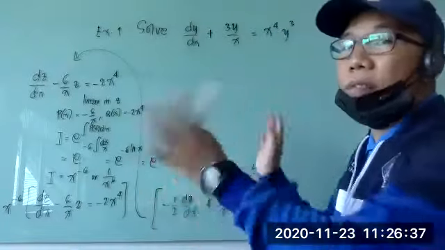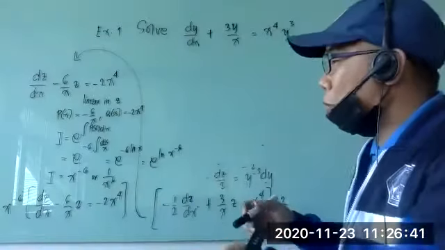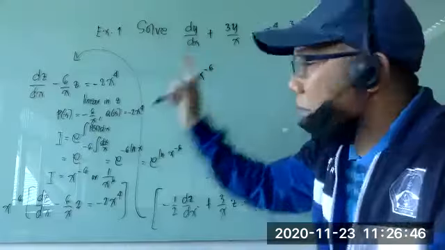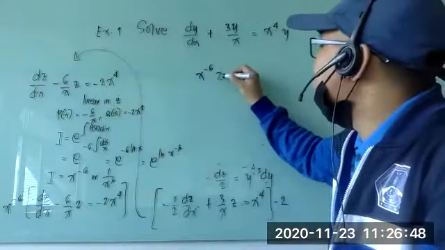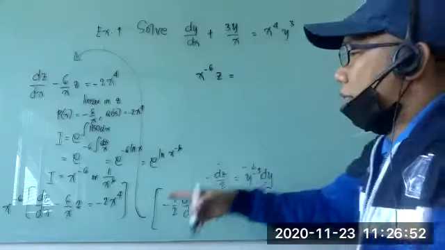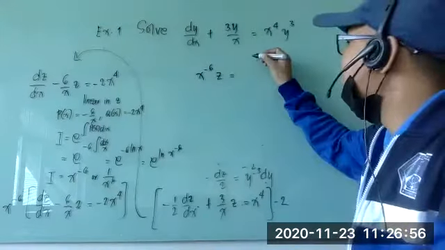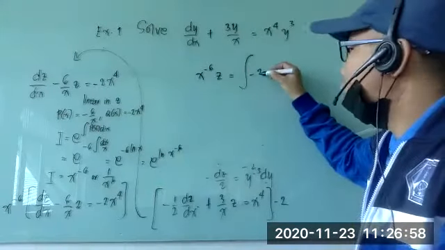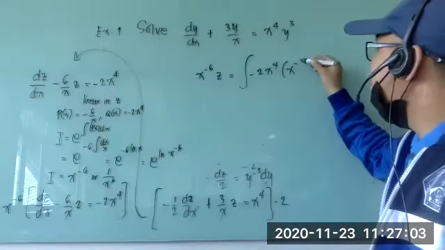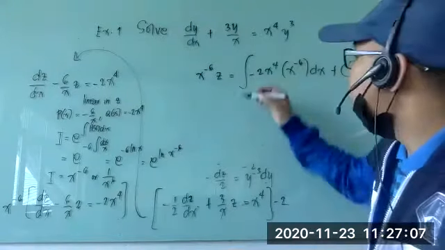But we know that the left-hand side of the equation, yung solution nito will be the integrating factor, x raised to negative 6 times the dependent variable na z. Okay? And yung right-hand side naman natin will be yung product nitong q as a function of x and the integrating factor. Sige. So integral of, copyhin natin yan, minus 2x raised to 4. The integrating factor is x raised to minus 6 times dx plus the arbitrary constant c.